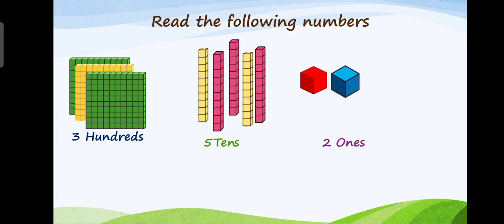Now we need to read this number. We have a new way. We can expand the number. Expanded number means we put the zeros of each number. Hundreds have how many zeros? 2 zeros, so it will be 300, 3 and 2 zeros, plus 50, because we have 5 tens, plus how many ones?